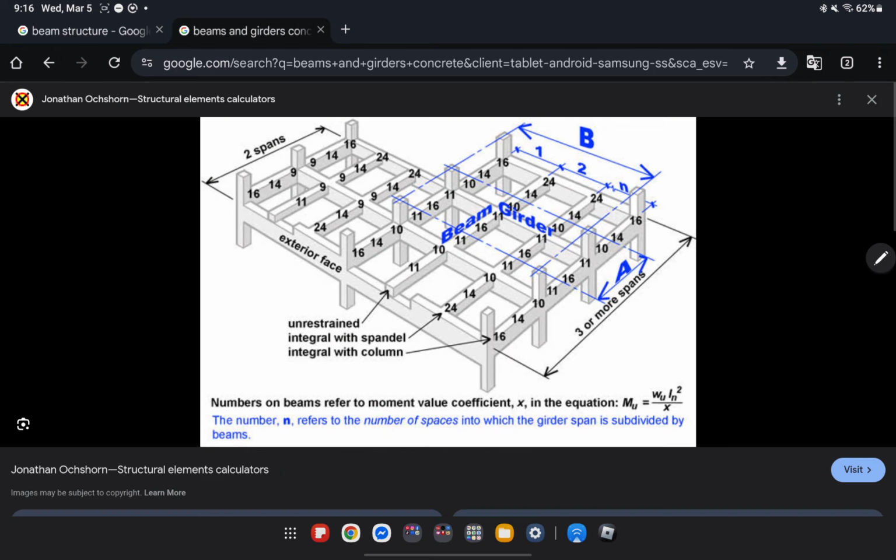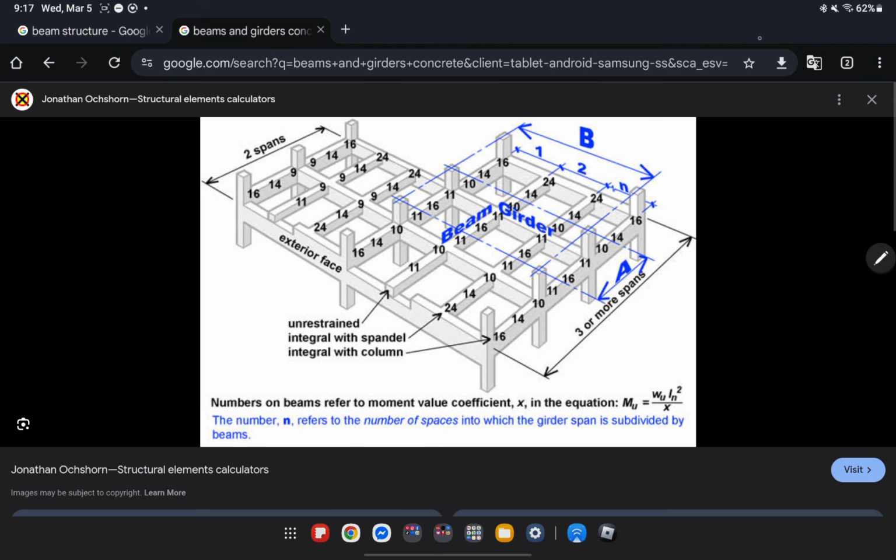For reinforced concrete structures, the beams are carried by the girders, something like this.